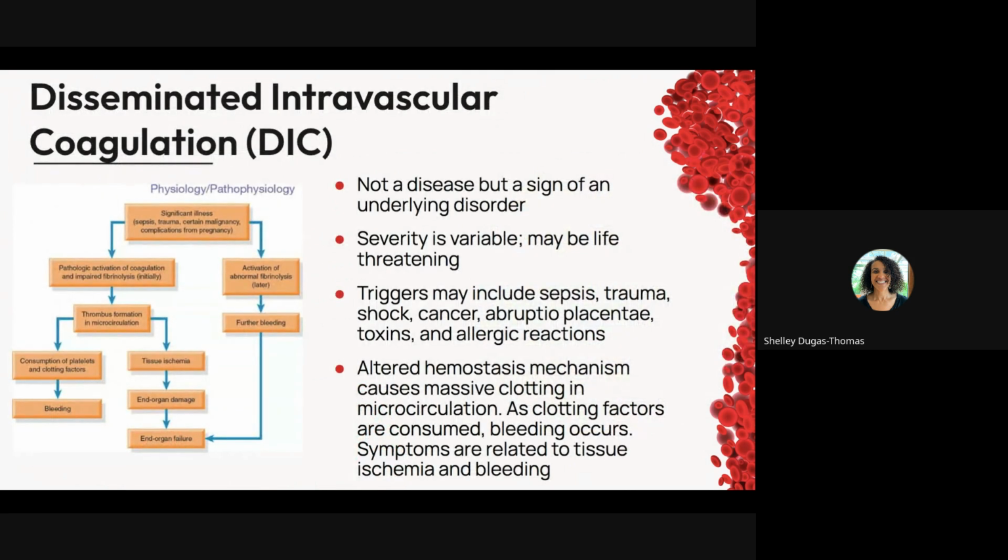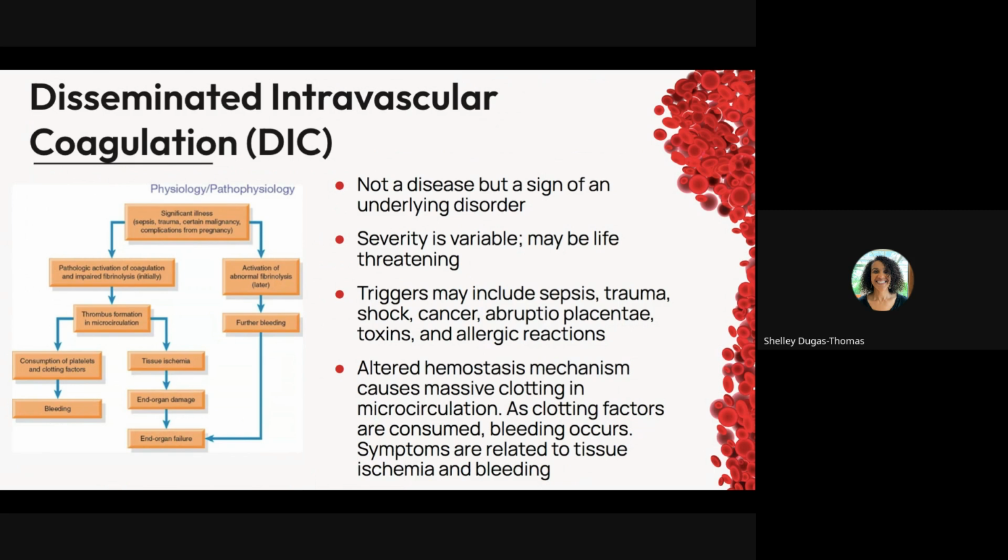So, with DIC, disseminated intravascular coagulation, this is a life threatening systemic disorder with simultaneous microvascular clotting and bleeding both at the same time. Some of the causes and triggers are sepsis, trauma, cancer, shock, allergic reactions, and most commonly infection or malignancy.